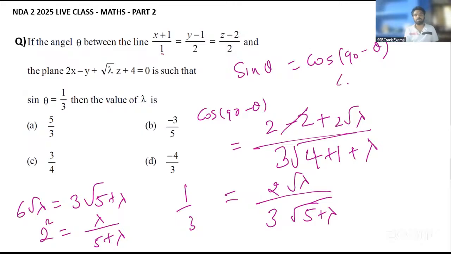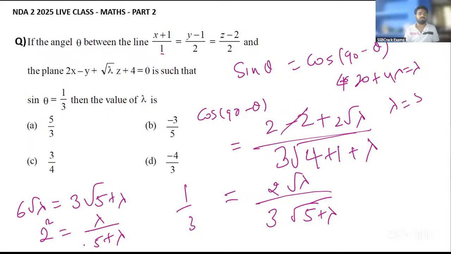So 20 plus 4 lambda is equal to lambda, means lambda is equal to... wait, okay, I made a mistake in the calculation.